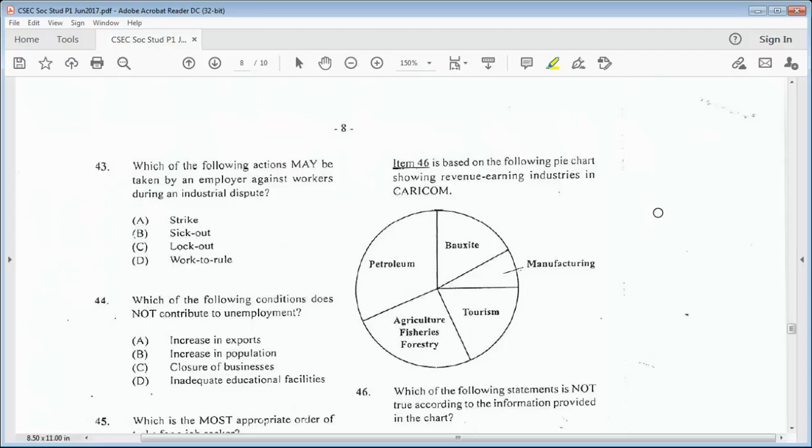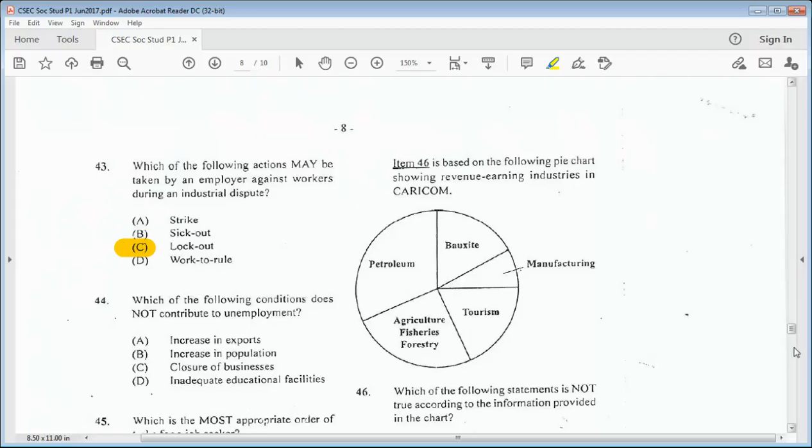The employee can do a sick out on the employer. C, lockout. No, the employee cannot lock out the employer. So we know this would be the action that the employer can take to lock out the workers during an industrial dispute. So our answer would be C. And work to rule would be what the employee would be doing. So our answer would be C.